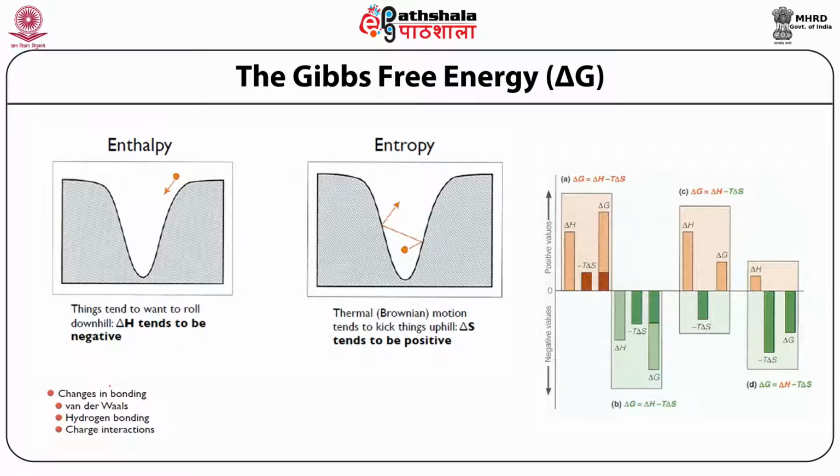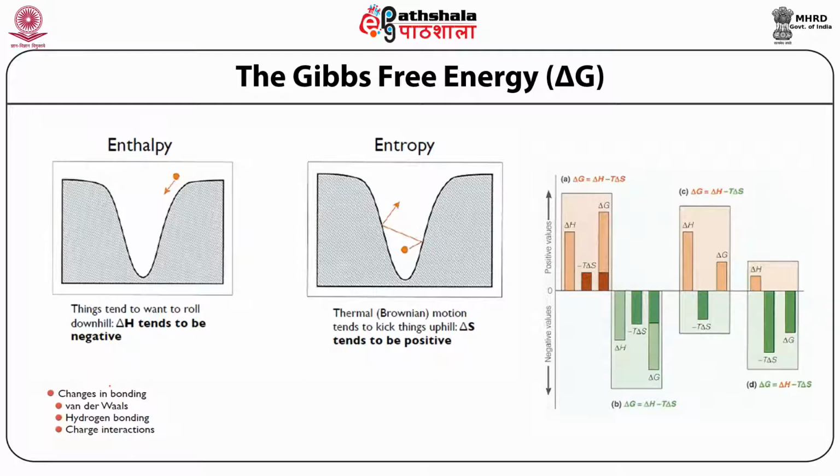So there are four cases in which delta G is either positive or negative. In the first case, delta G is positive because delta H is positive, and the value of T delta S is less than delta H, so the overall value of delta G is positive. In the second case, delta H is negative and delta S is also negative, but less negative, so ultimately delta G is negative for the spontaneous process.